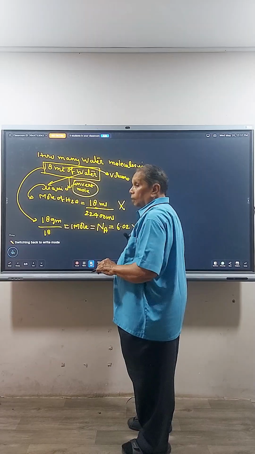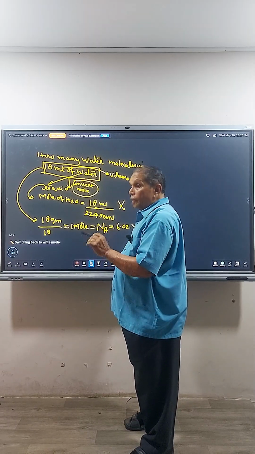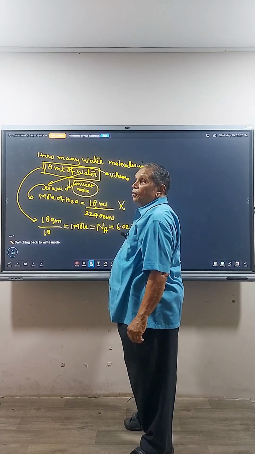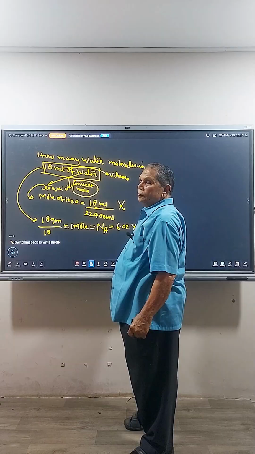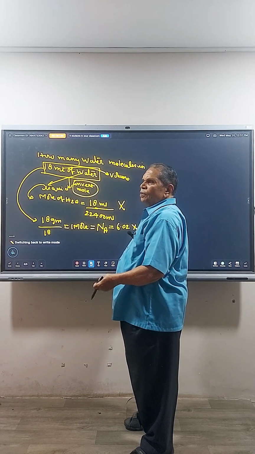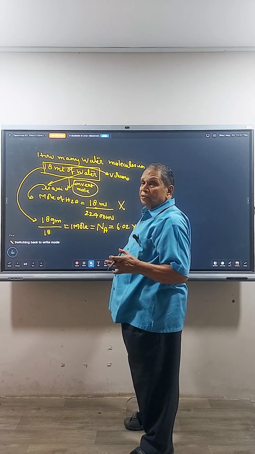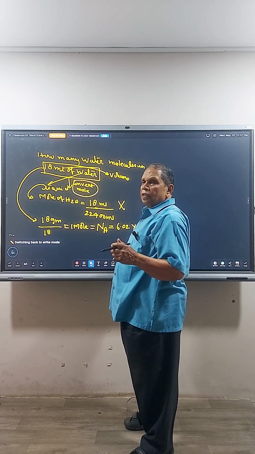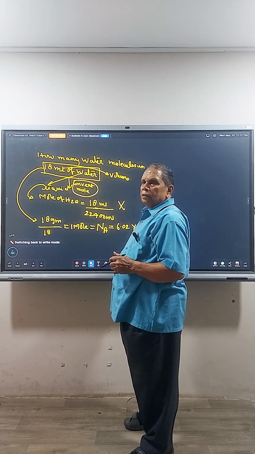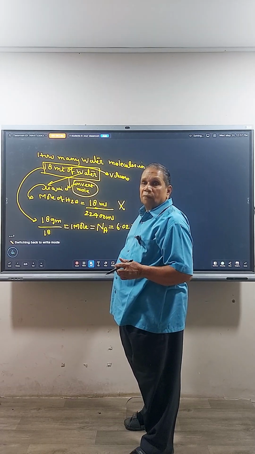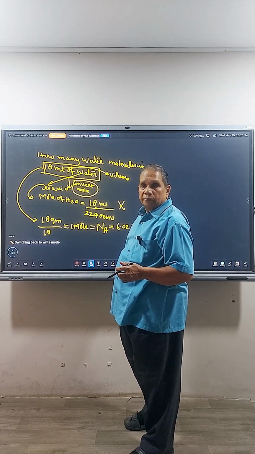As simple as this. This is very simple, but the examiner deceives you by giving volume in case of water or alcohol or acetone or anything. But the basic thing is, if they give anything other than water, then they will give you the density of that particular liquid.